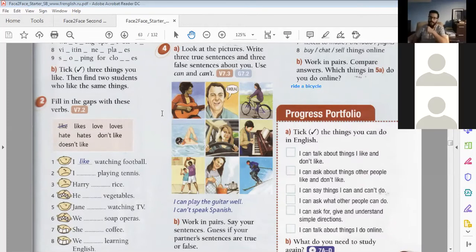Do we say drive or do we say ride? Right. Good. A bicycle. I cannot swimming. I can't swim. I can't swim. I can drive the car. Okay. I can drive a car. Yes. I cannot play the piano.